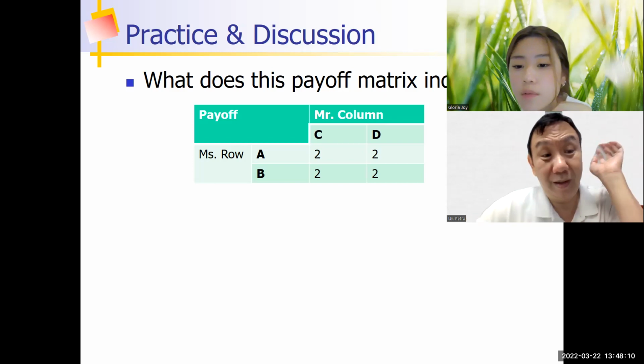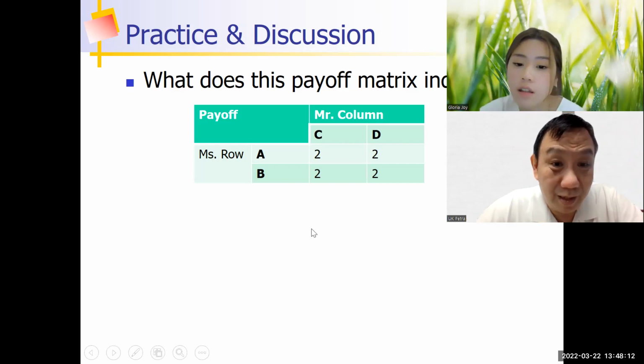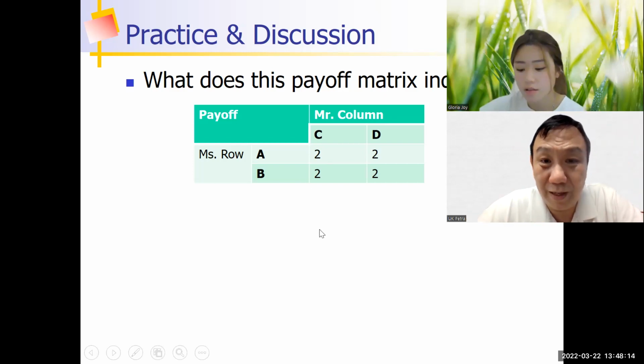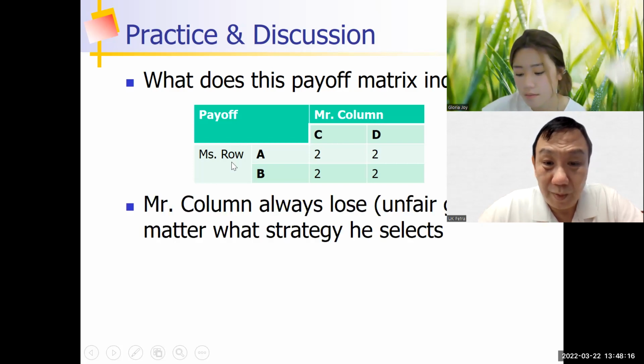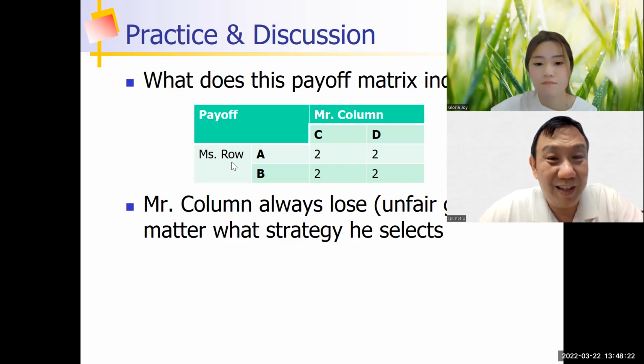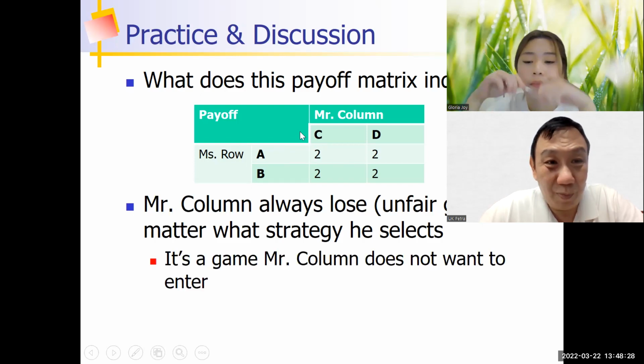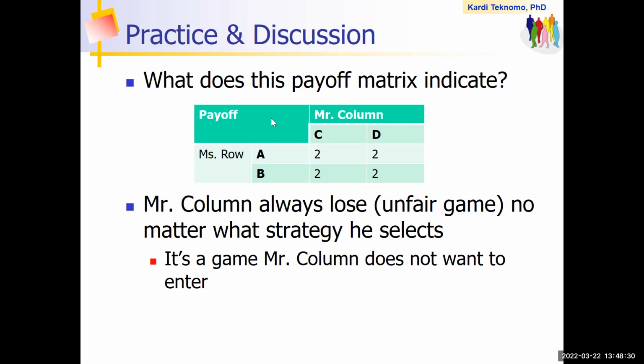Row win. It's positive for her. So in this case, the column always lose. No matter what he select, he always get -2. So of course, the column will not want to enter this scheme.